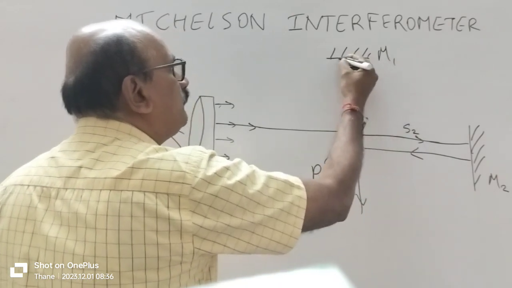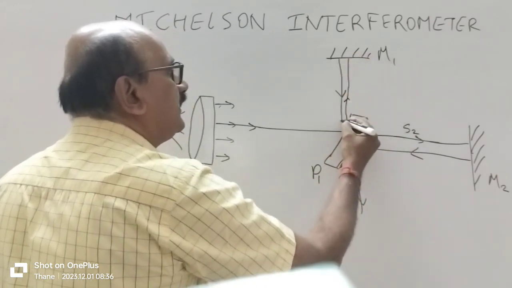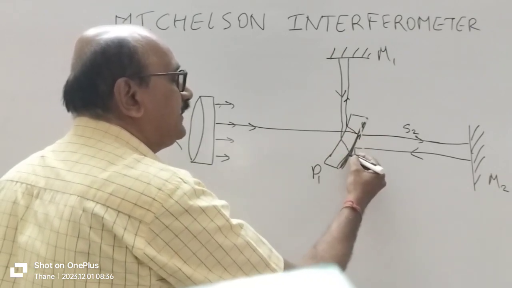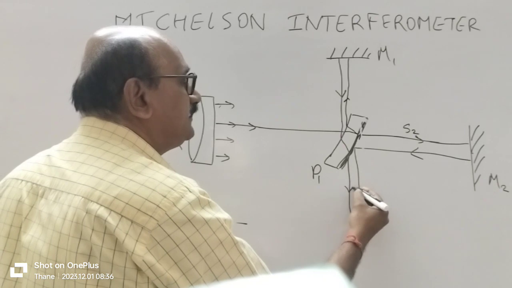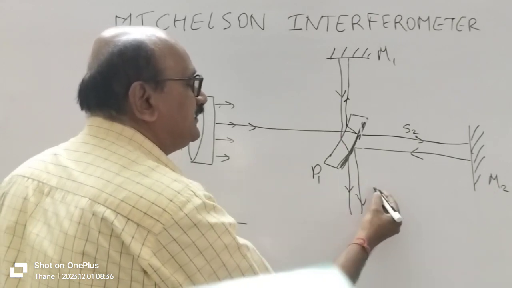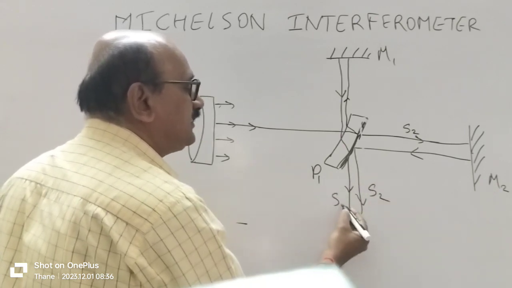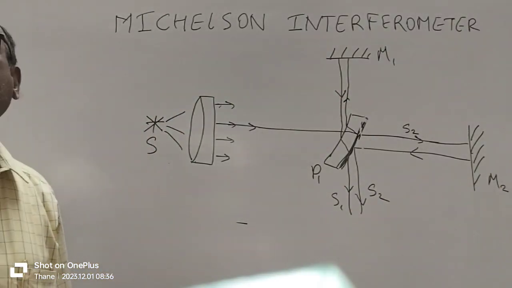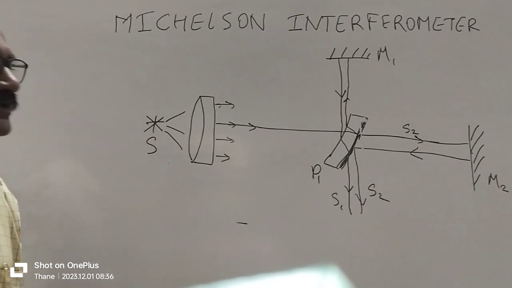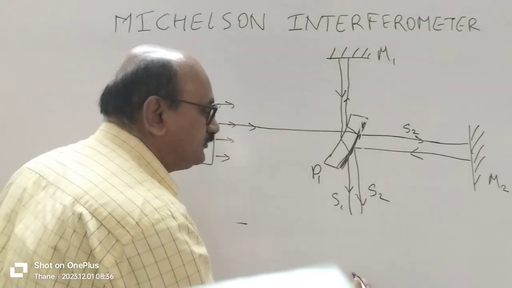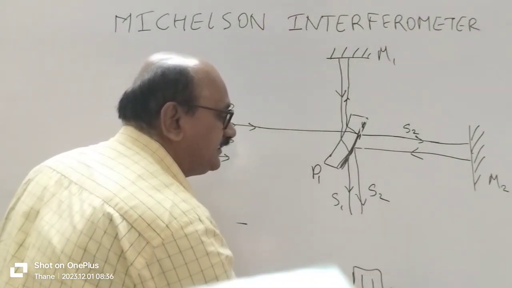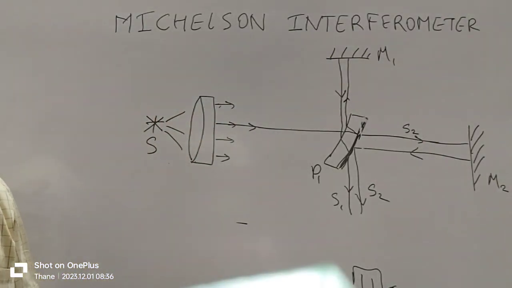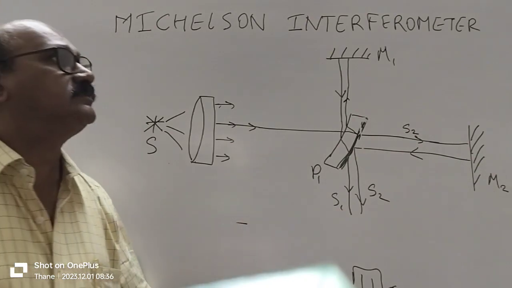When it touches the mirror M1, it gets reflected back. Again it comes toward plate P1, passes through plate P1 and comes out, and now these rays S2 and S1 become exactly parallel to each other and they will interfere at infinity. Now you cannot see it at infinity, so you keep a telescope over here to get the interference pattern in the laboratory. This is called the construction of the Michelson interferometer.